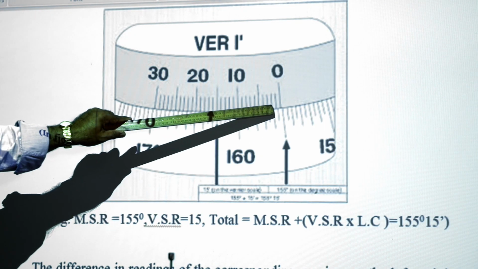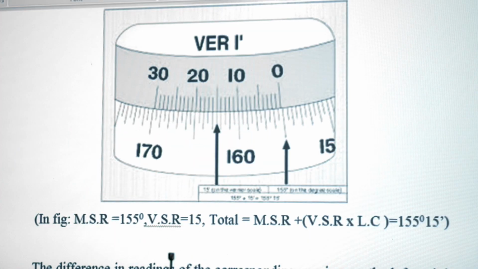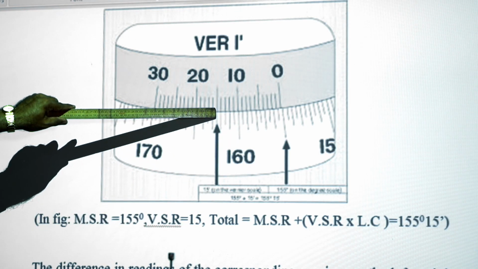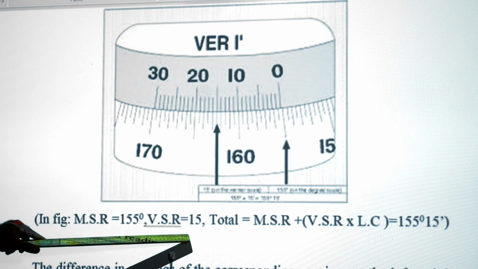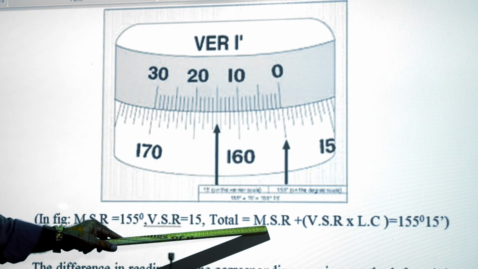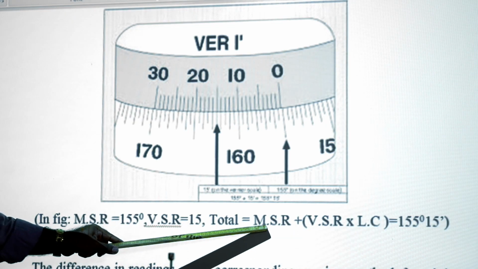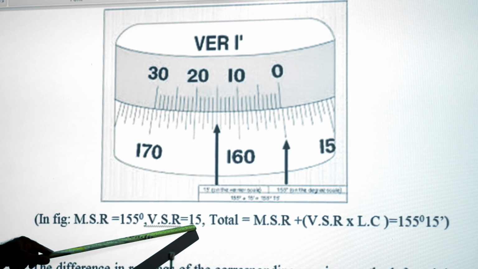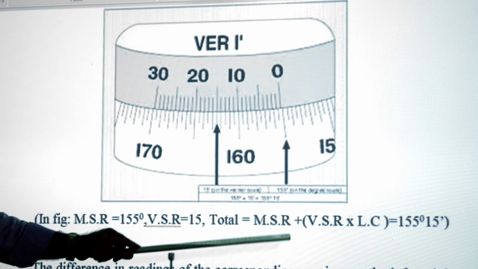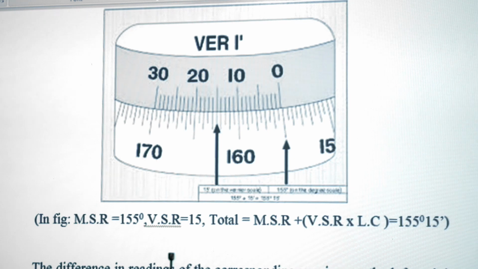All other divisions are not coinciding, only the 15th division is coinciding, therefore the vernier scale reading is 15. Now the total reading is MSR plus VSR into LC. Here MSR is 155 degrees plus VSR is 15 divisions, and least count is 1 minute. Then 15 into 1 minute is 15 minutes. So the total reading is 155 degrees 15 minutes.